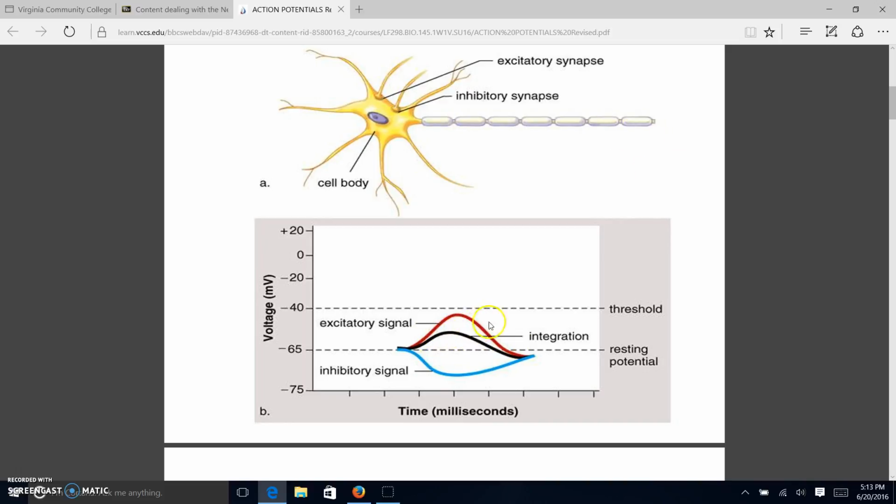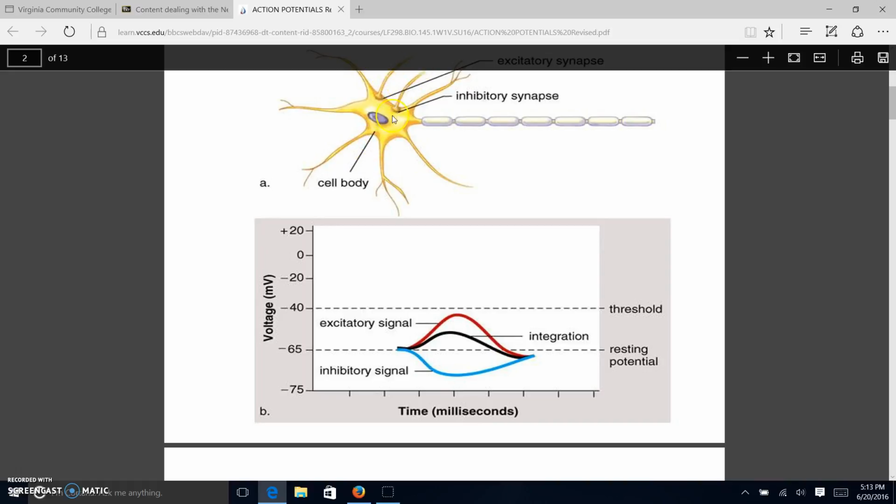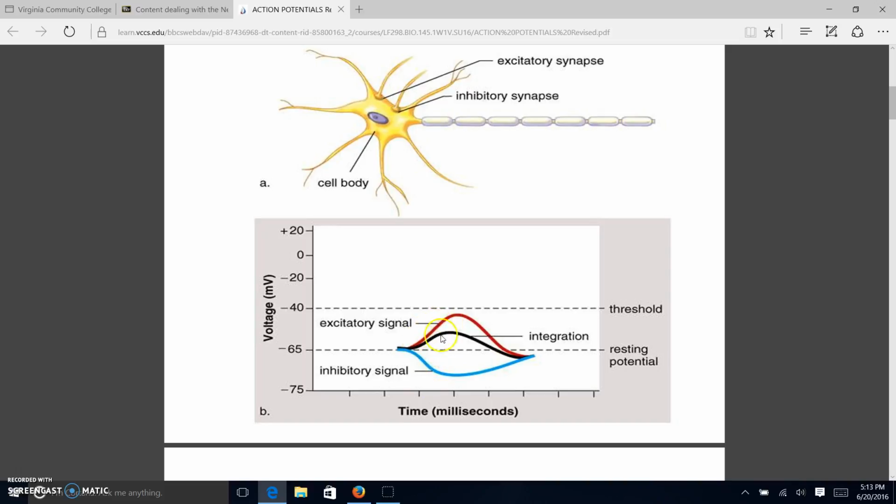If our integration never reaches threshold, we may be receiving neurotransmitters, both inhibitory and excitatory, and we integrate both signals, or we may just have the excitatory signal, but bottom line is, if we never reach threshold, then we never fire the action potential.